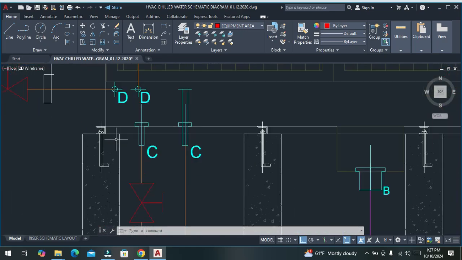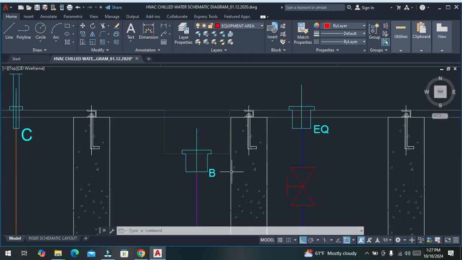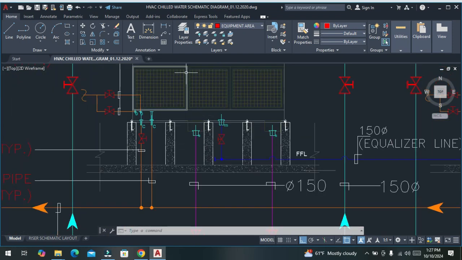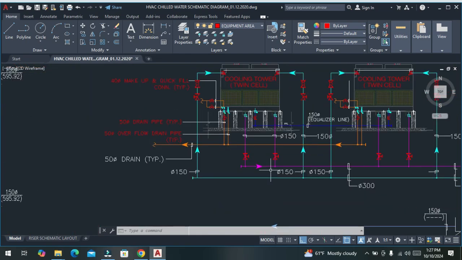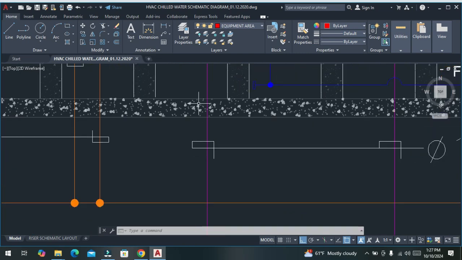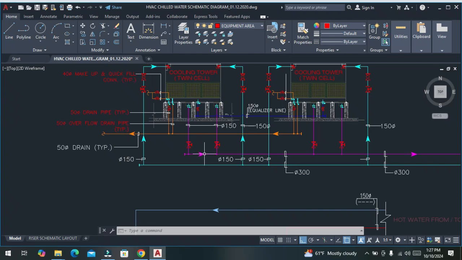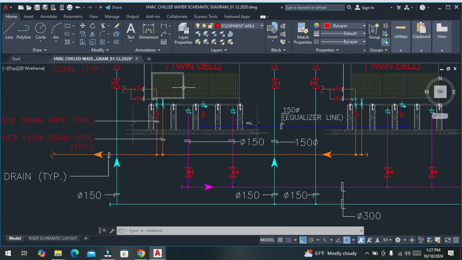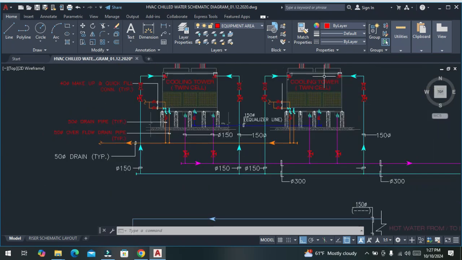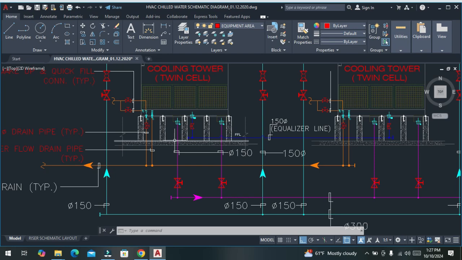And from here, as you can see, this is the outlet of this cooling tower, the outlet of each cell. Here we have one valve, and here we have another valve. Water enters through this pipe from the header, and then water leaves from the base of the cooling tower collection tank.